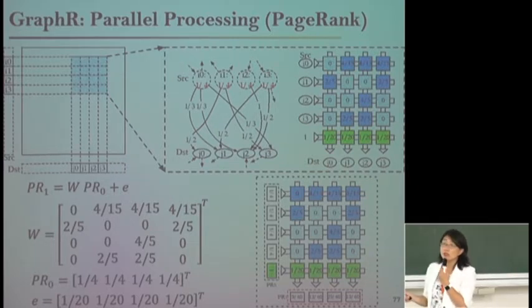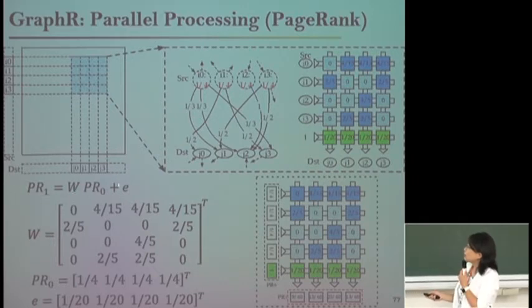For page ranking, essentially, we have the input page rank vector, PR0 here. It's calculated through a weight matrix W with some offset, or previously calculated information over here, to create the next page rank.